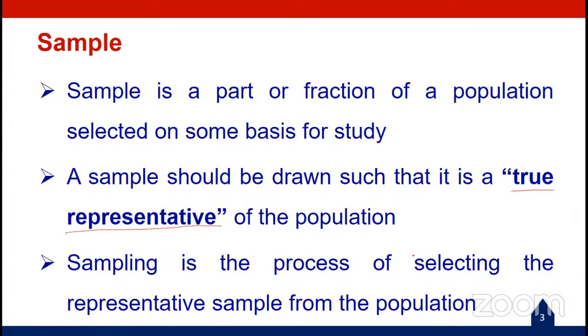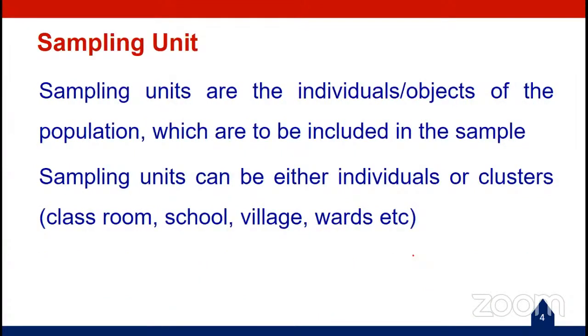So moving on to the next slide. What is a sampling unit? A sampling unit is nothing but a constituent of the population. Sampling units are the constituents of a population. These are the units which will be included in the sample.